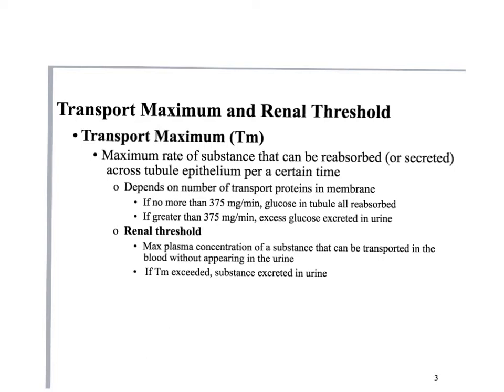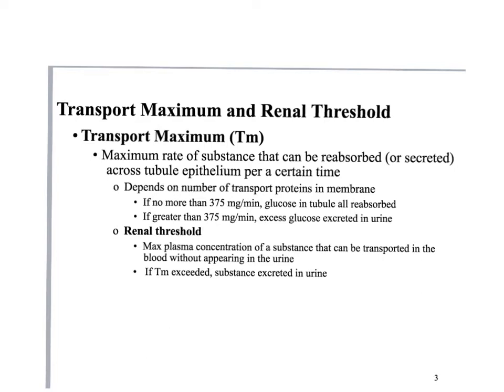What does that mean? Let's use glucose. Really all of this depends on the number of transport proteins present on the membrane. The more transport proteins, the more material can be moved across.